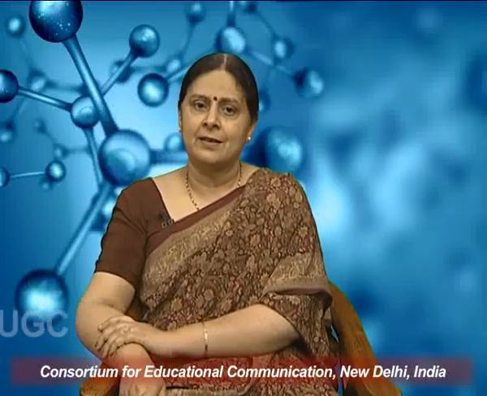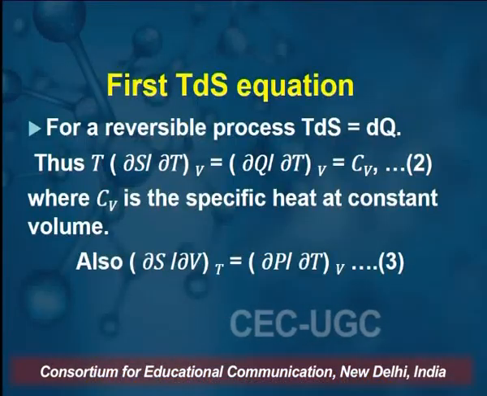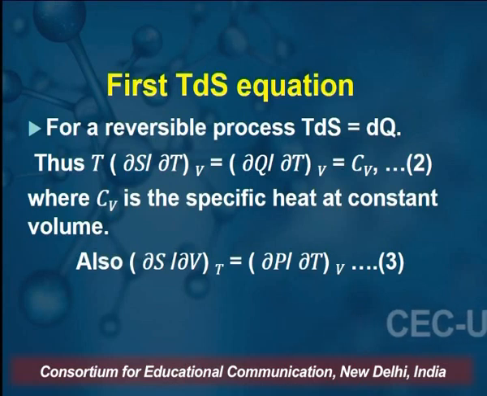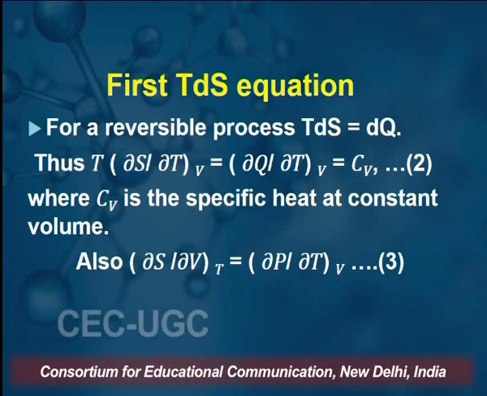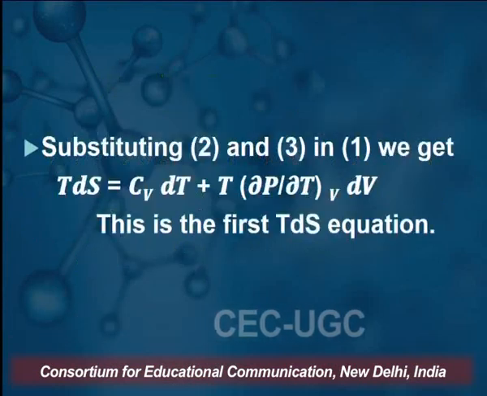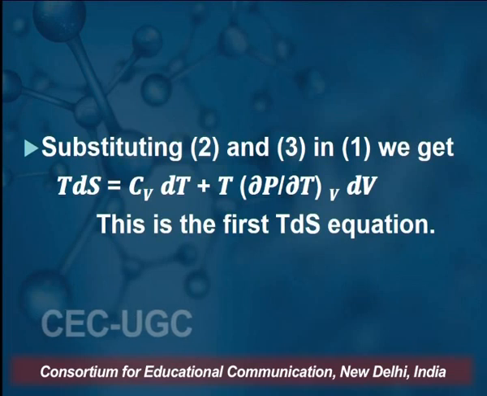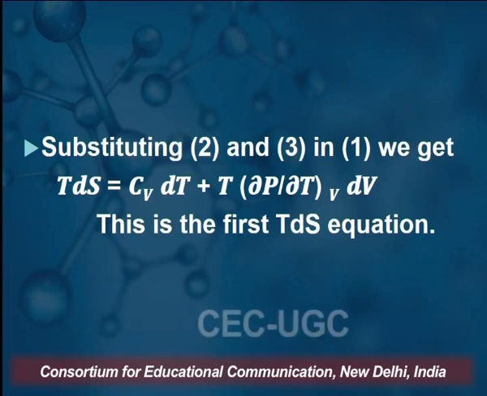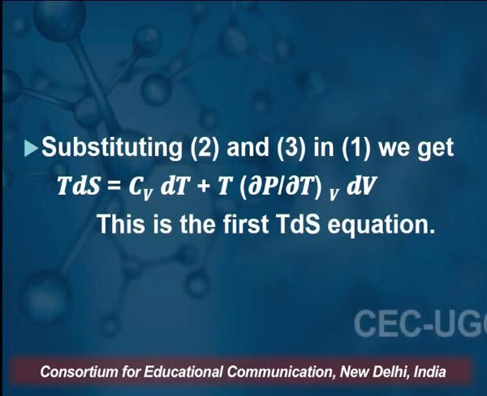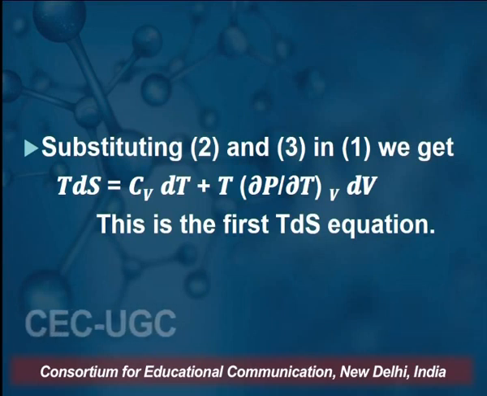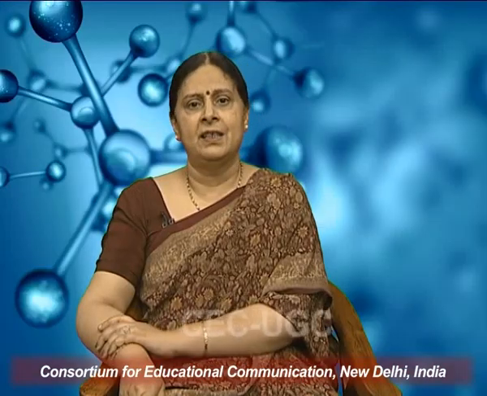So we get delta S by delta V at constant T is equal to delta P by delta T at constant V. Using equation 2 and equation 3 in 1, we get TdS is equal to CV dT plus T delta P by delta T at constant V into dV. This is the first TdS equation.